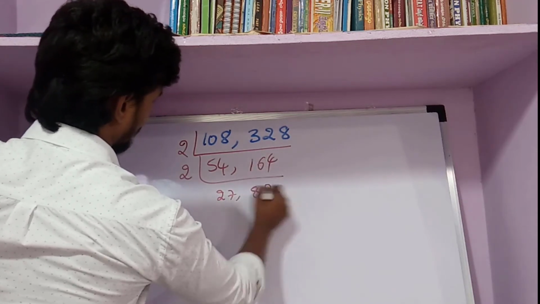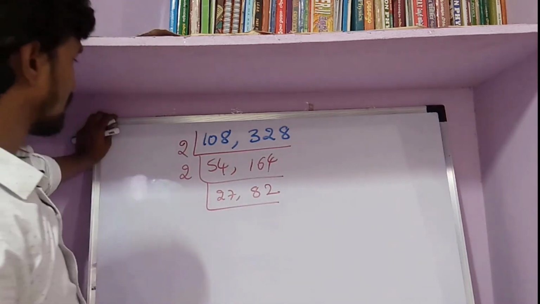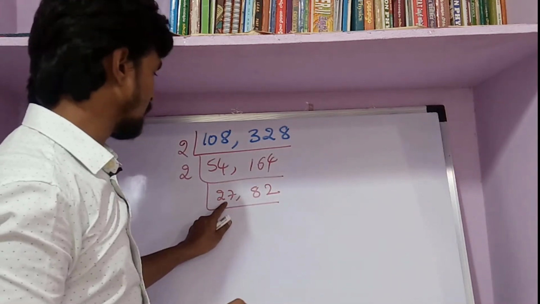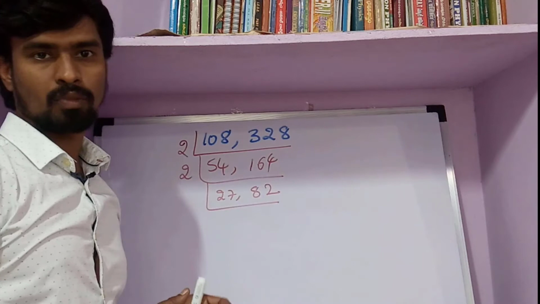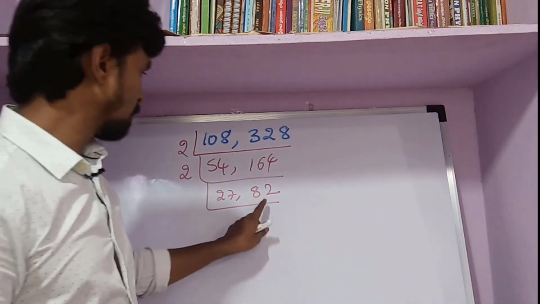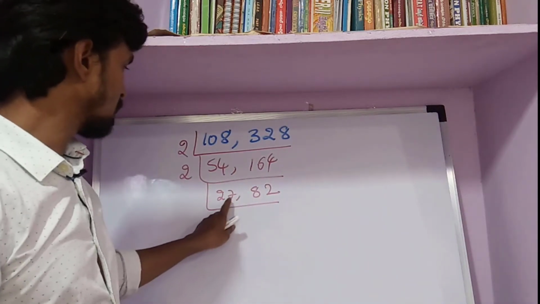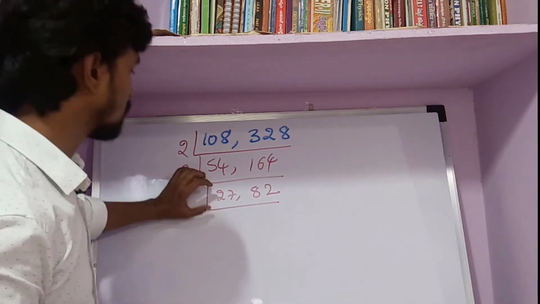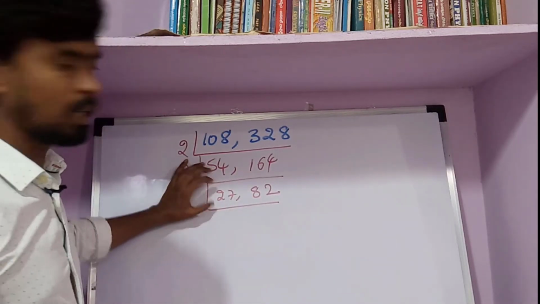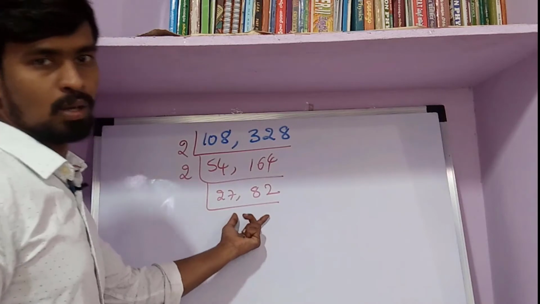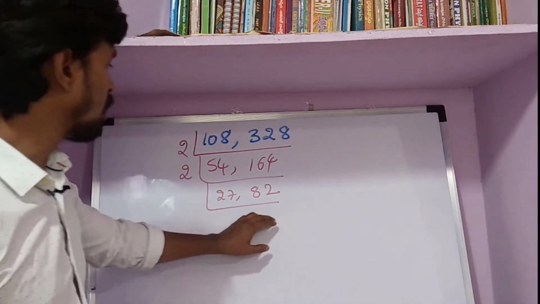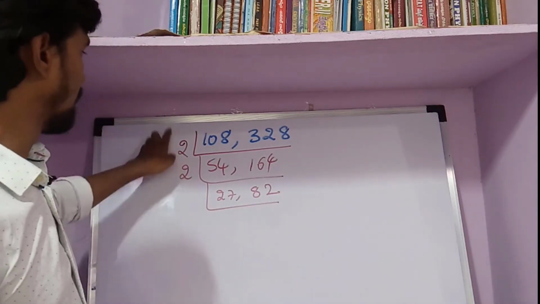Again with the 2, because these two numbers are divisible by 2, so 2 27, and then here 82. Now here this number is divisible by 3 and this number is divisible by 2. If there is no common factor between these two numbers, then we can stop the process. And now we have to multiply what we got, the remaining result.